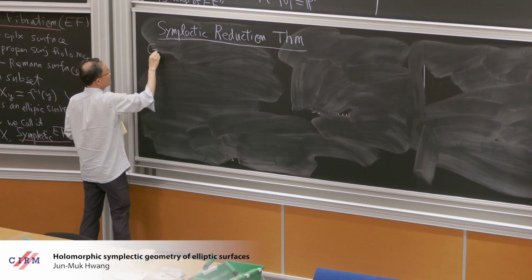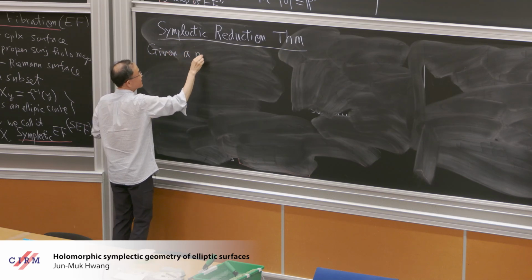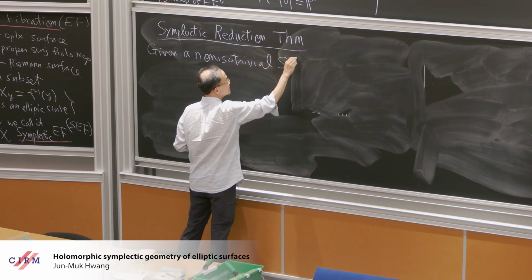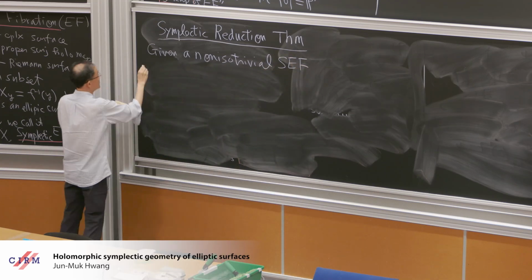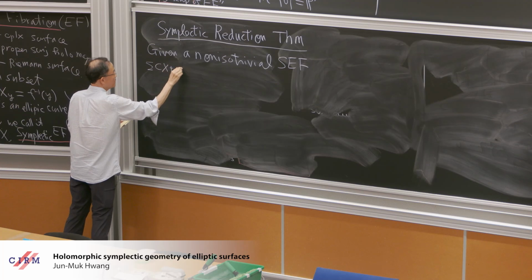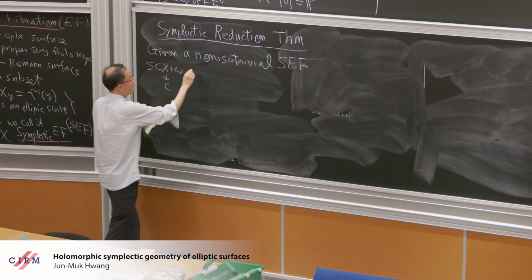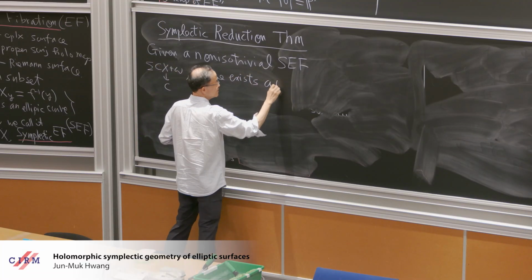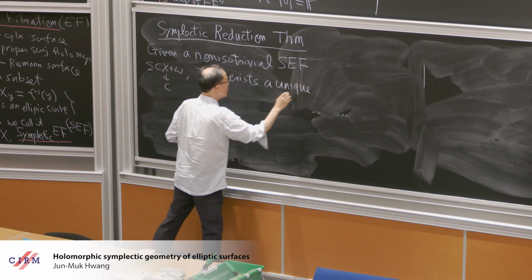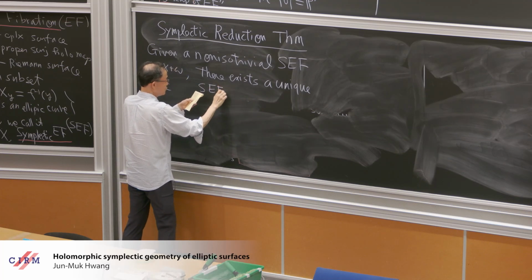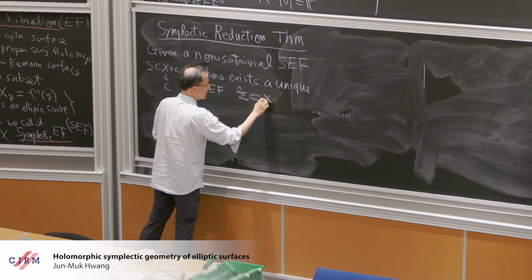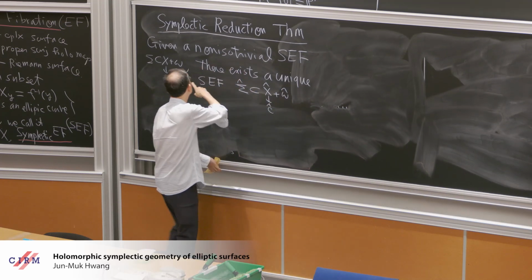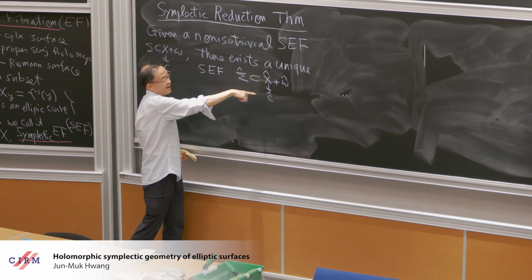So given a non-isotrivial symplectic elliptic fibration, sigma x, there exists a unique, up to natural isomorphism, symplectic elliptic fibration, which we write as sigma hat x hat. So associated to any symplectic elliptic fibration is another one.